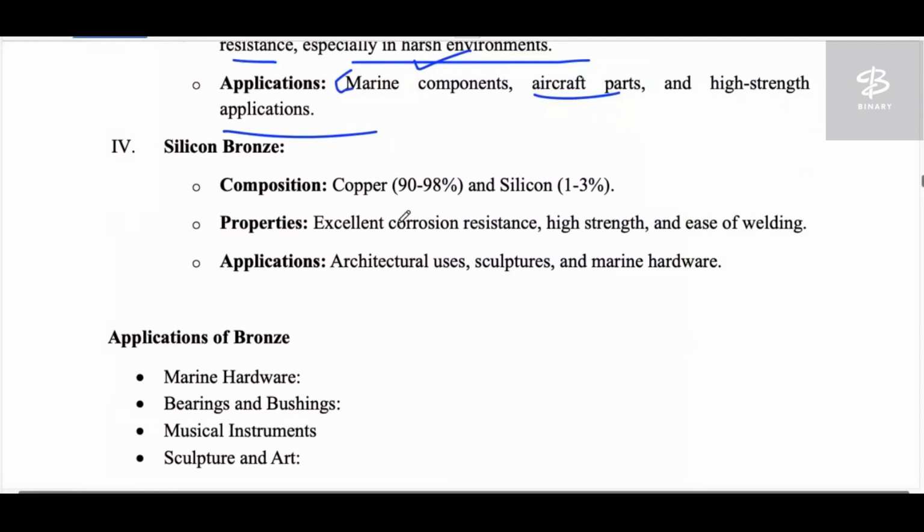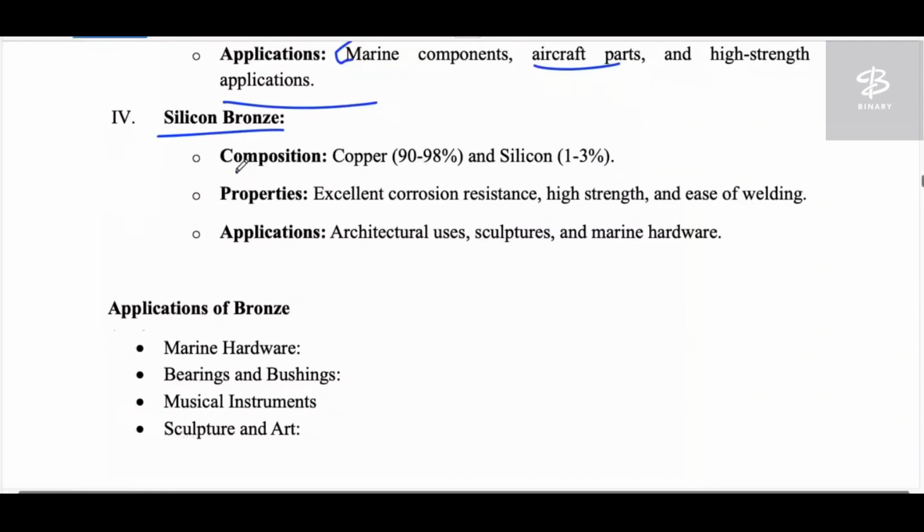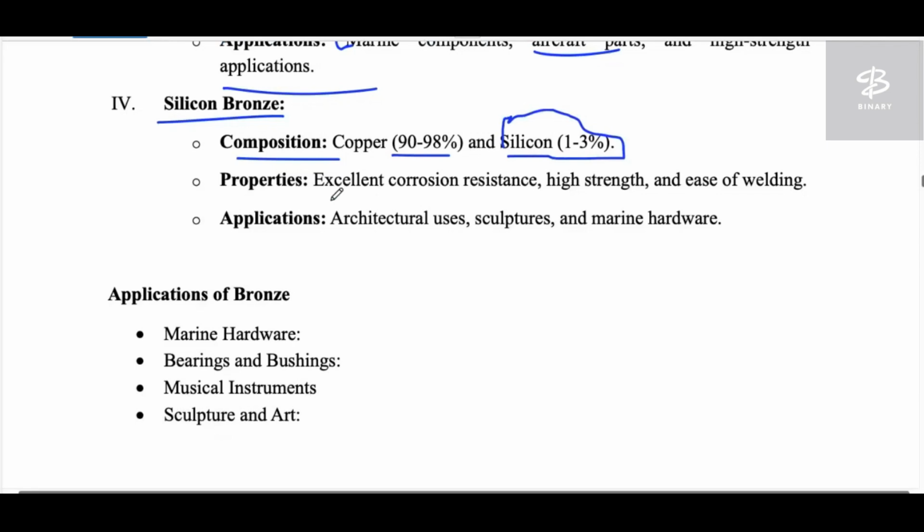Now the silicon bronze. The composition is 90 to 98% copper and only 1 to 3% silicon. The properties we get here are excellent corrosion resistance, high strength, and ease of welding.